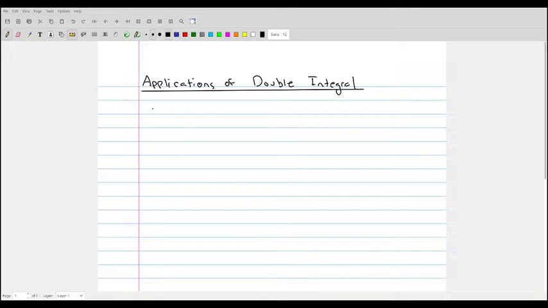Specifically, we'll talk about how to calculate the total mass of a region given a mass density function.